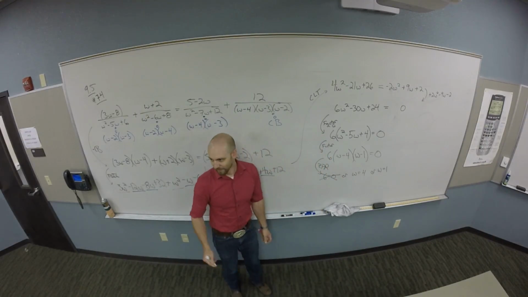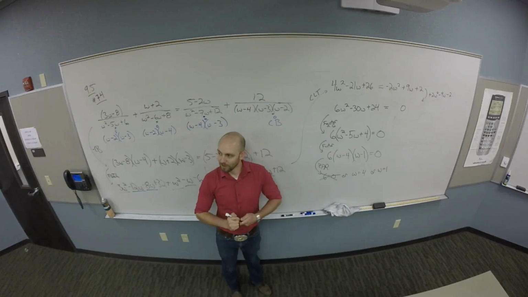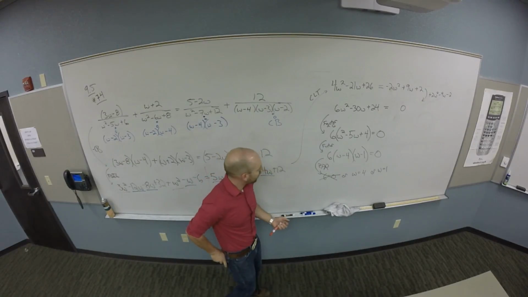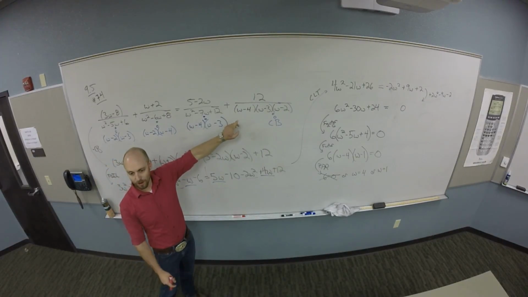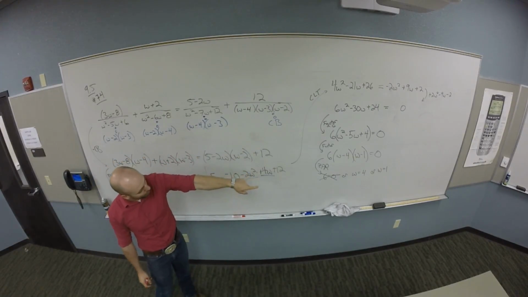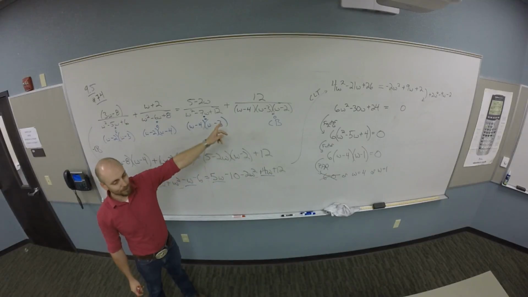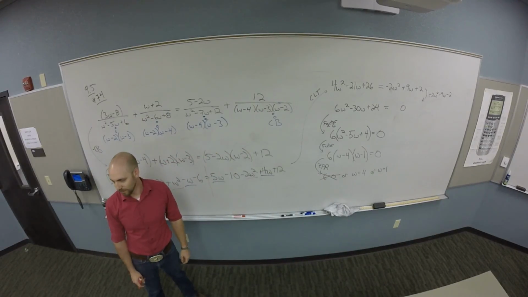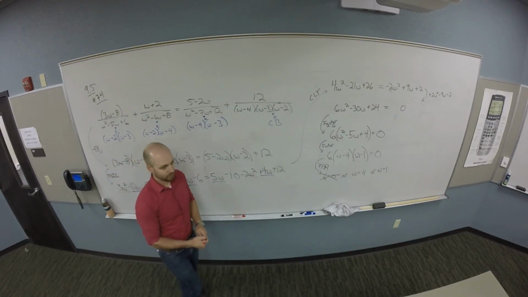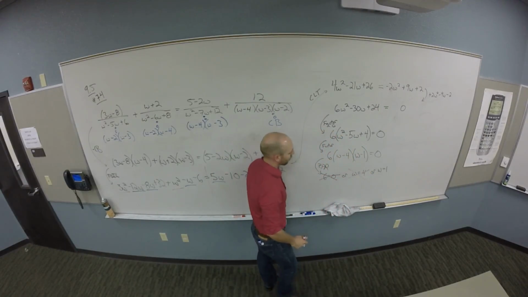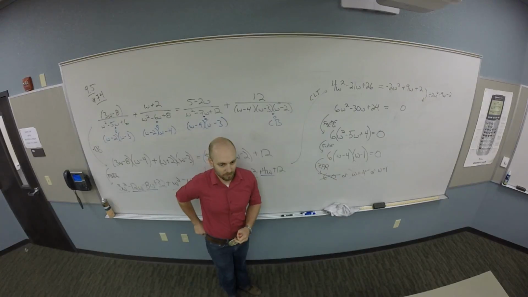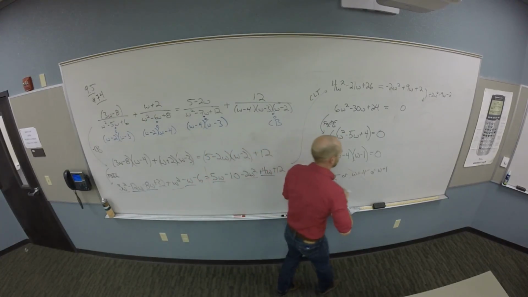Then I need to check if there's a division by 0 problem. So I go back up here and look at my common bottom. Does my common bottom have a problem with either of those? Yeah, with the 4. 4 doesn't work. So what's my answer in the end? W equals 1.